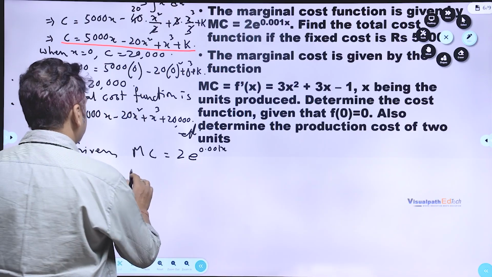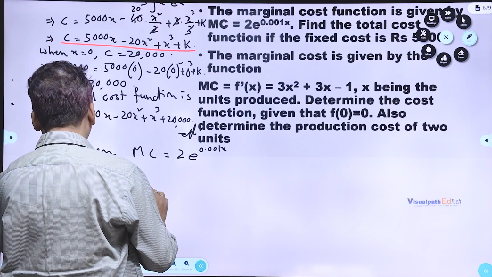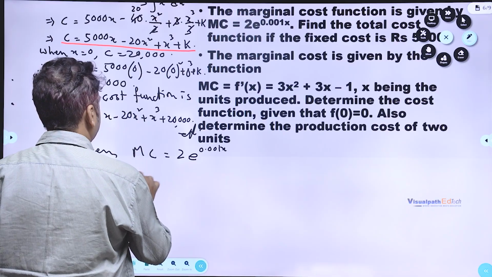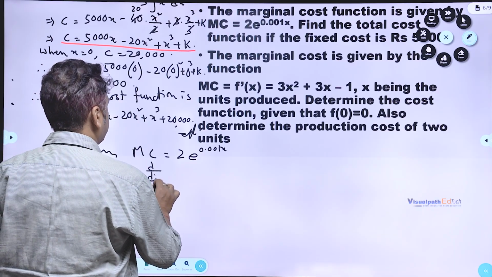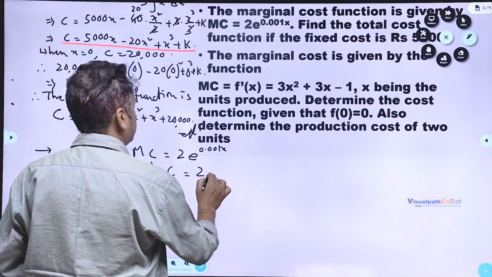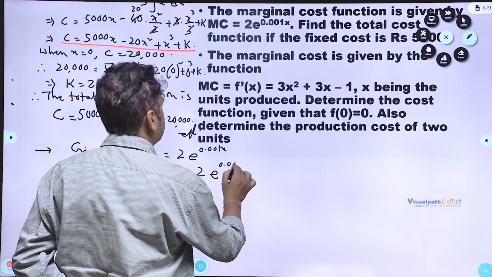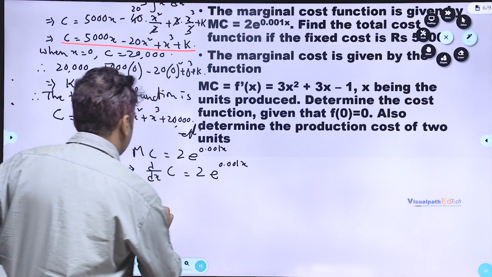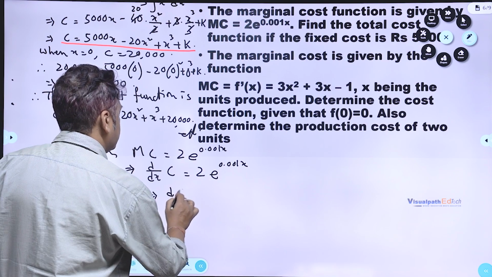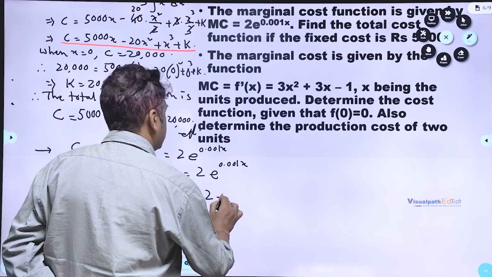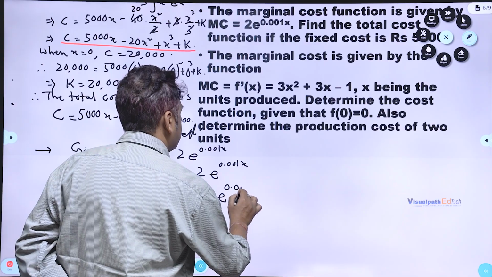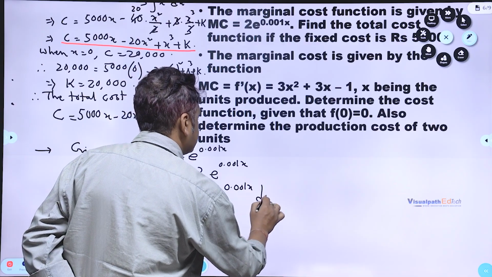Now since we know that MC is d/dx of C, 2 into e to the power 0.001x. This implies dC equals 2 into e to the power 0.001x dx.